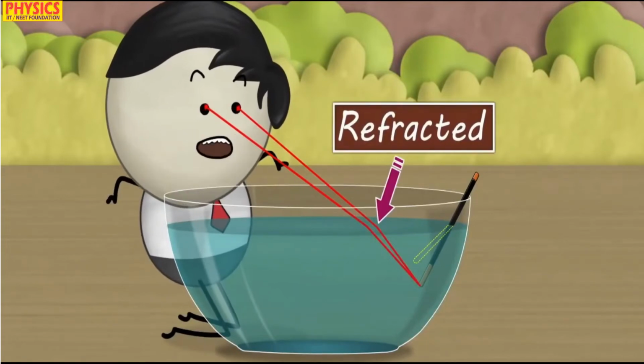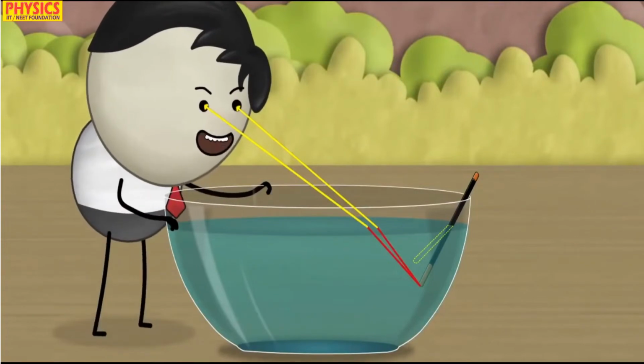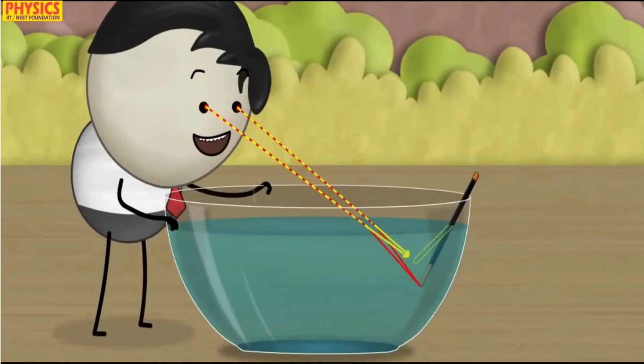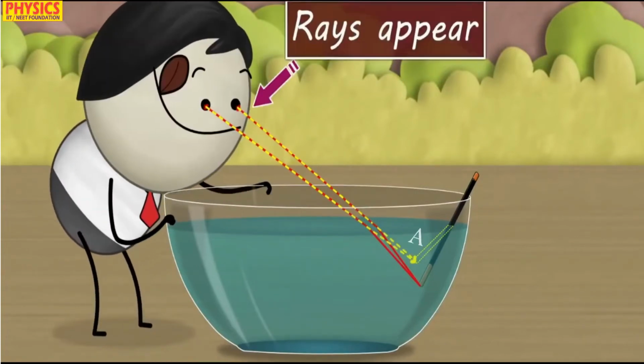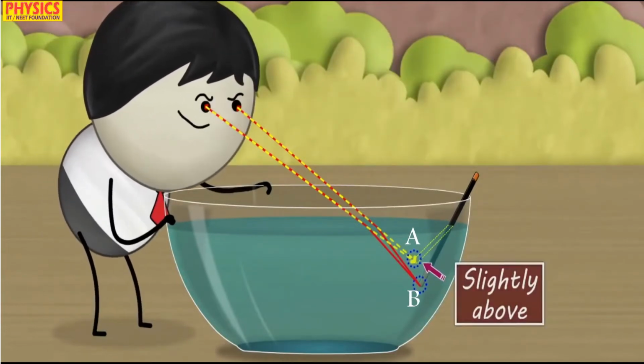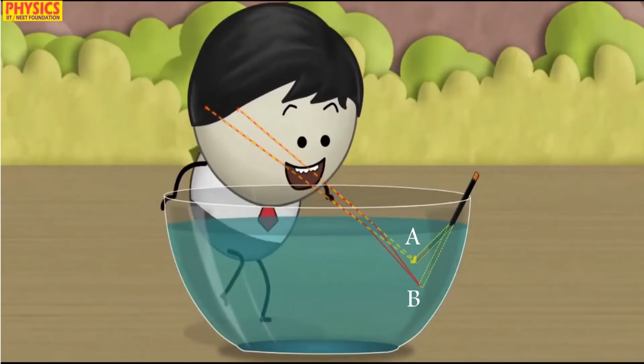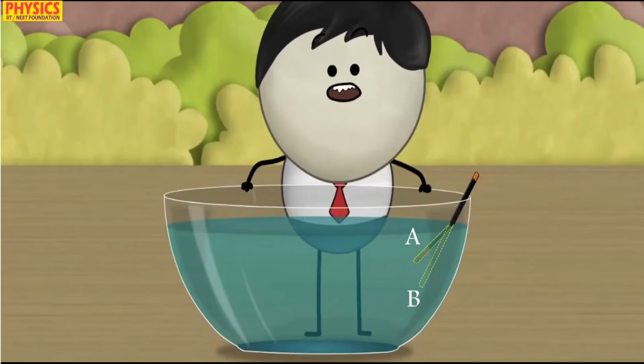Those light rays we are calling refracted rays. Whenever you look back along the refracted light rays, they meet at a point A which is slightly above the point B, the actual point of the tip of the pencil, so the pencil appears to bend whenever you see from air to water.